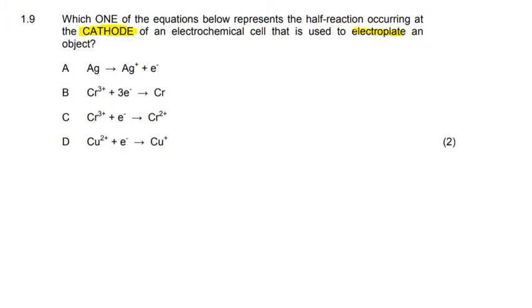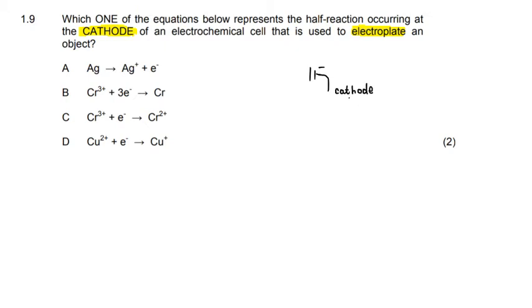You need to know your electroplating quite well, and you also need to remember that the cathode is always at the negative terminal, because electroplating uses electrolysis. So at the negative terminal, that is where you're going to find your cathode.